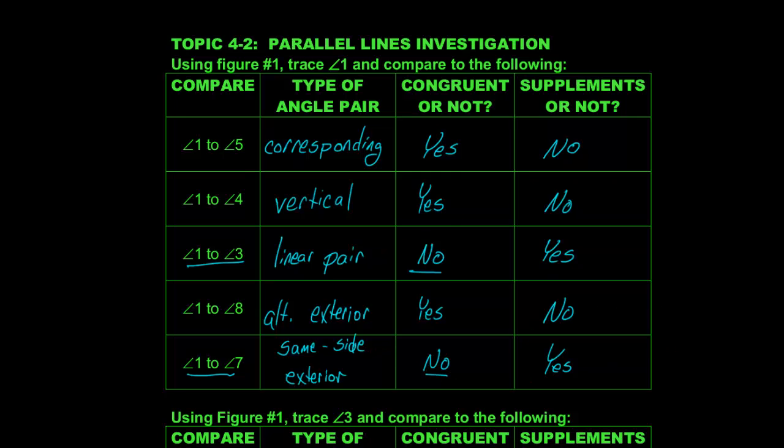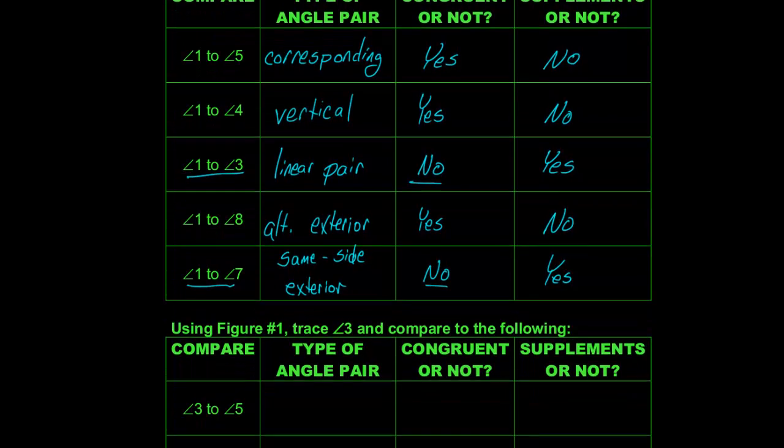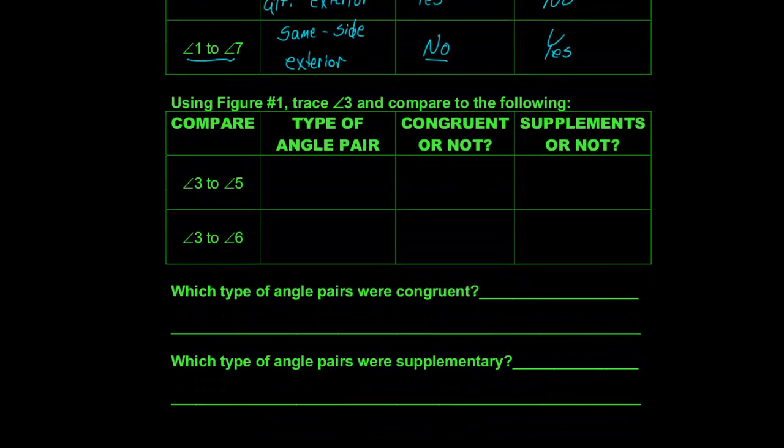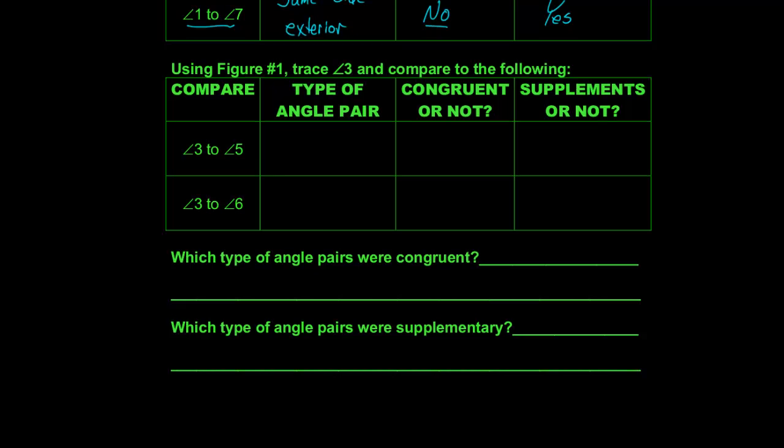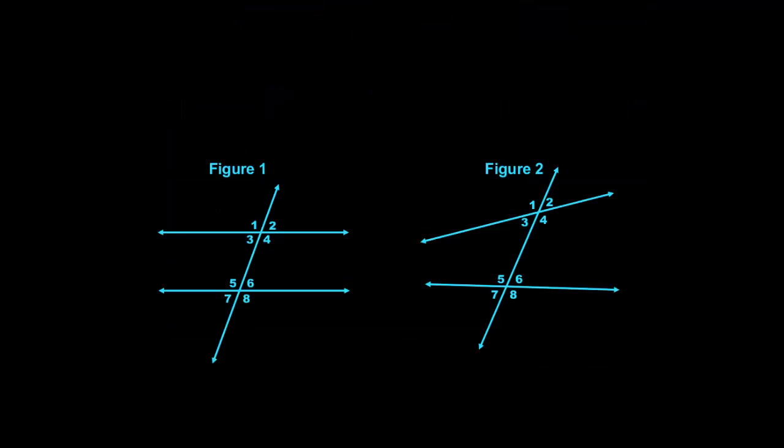All right, so let's scroll down a little bit in our notes. Using figure 1, now we're going to look mainly at our angle 3. Pull that up real quickly. All right, so I've scrolled down, and we're looking now at angle 3.